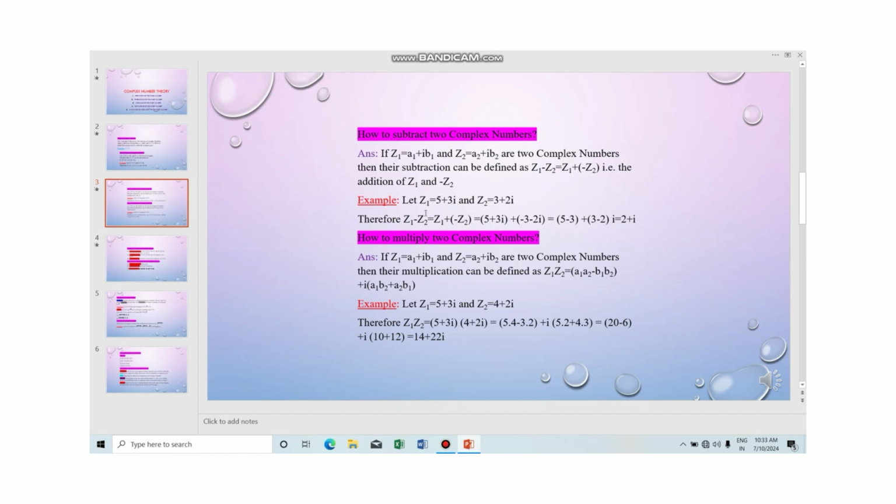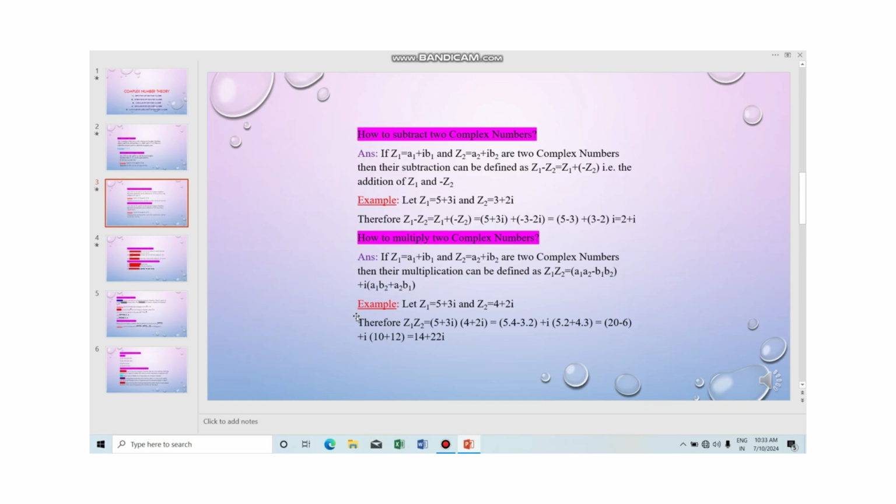Here is an example. z1 equals 5 plus 3i and z2 equals 3 plus 2i. Therefore, z1 minus z2 equals z1 plus of minus z2 equals 5 plus 3i plus whole bracket minus 3 minus 2i, equals 5 minus 3 plus whole bracket 3 minus 2 into i, equals 2 plus i.